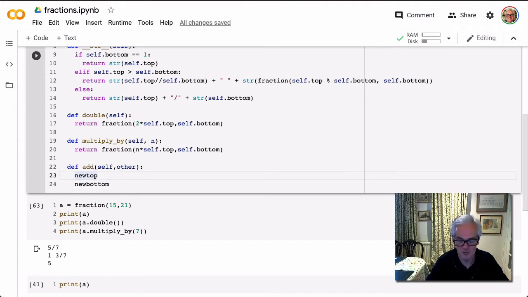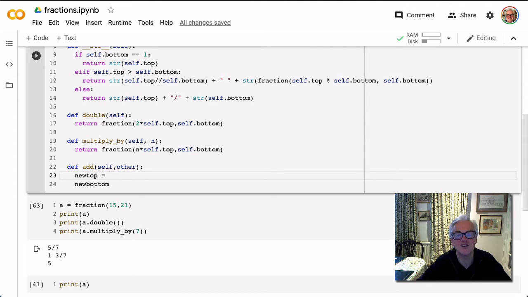And my new top is going to be equal to. Now you've got to remind yourself of how you did fractions back in the day. But if you sort of do a cross multiplication here, if you take the top of the first times by the bottom of the second, and add together the top of the second times by the bottom of the first, that's like timesing everything so that you have a greatest common divisor on the bottom.